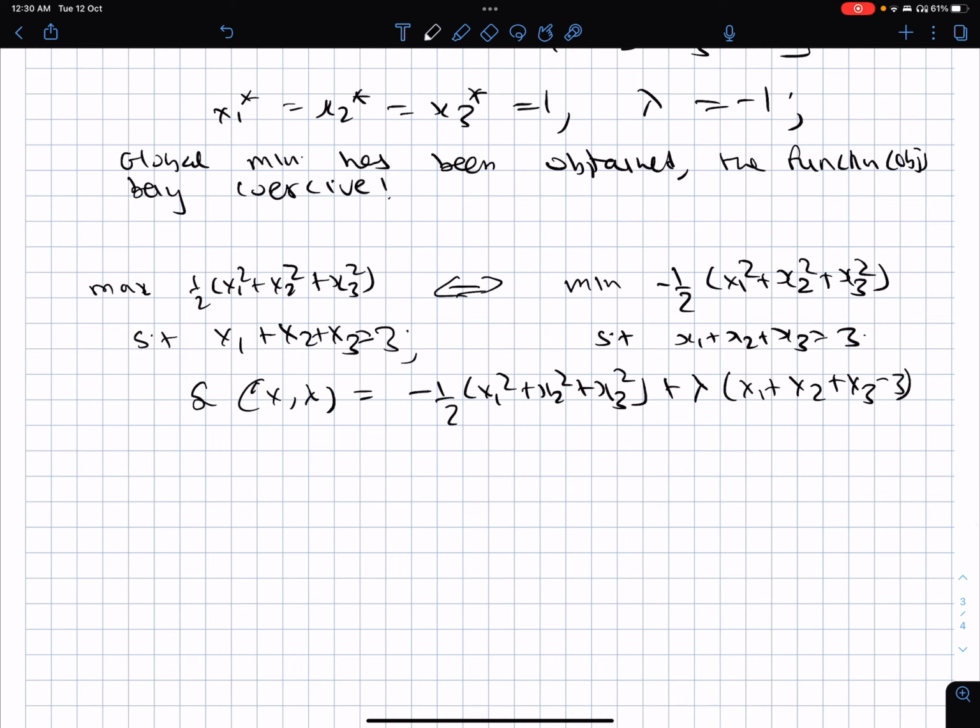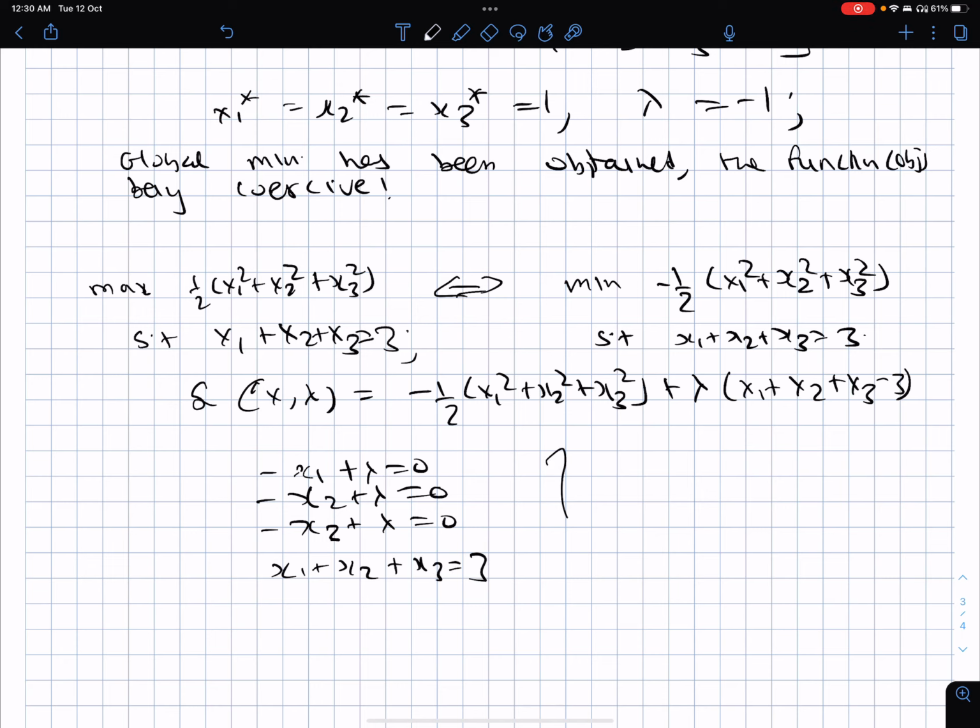When you apply the Lagrange multiplier theorem, you want minus x1 plus lambda to be 0, minus x2 plus lambda to be 0, minus x3 plus lambda to be 0, and again x1 plus x2 plus x3 equal to 3, which will tell you that x1 star equals x2 star equals x3 star equals 1, and lambda will turn out to be the positive number 1.